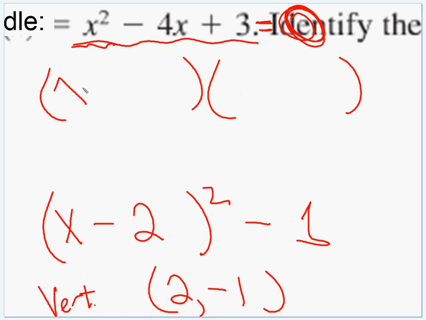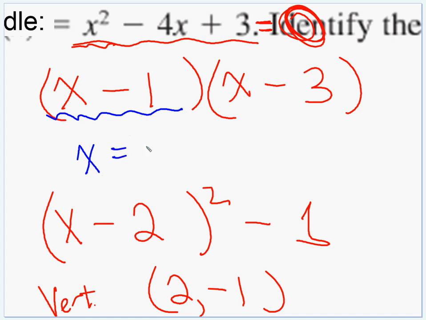My leading term has to come from x times x. And what numbers multiply to 3 and add up to negative 4? Well, that has to be negative 1 and negative 3. If I set this first term equal to 0, x minus 1 is 0 means x is 1. And if I set this one to 0, I get x equals 3.